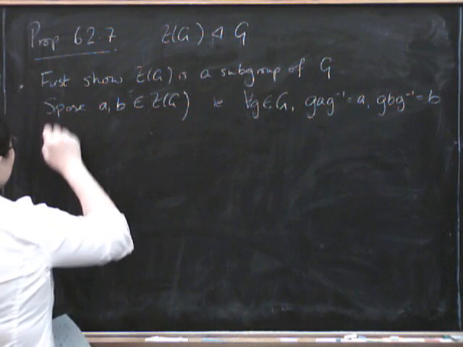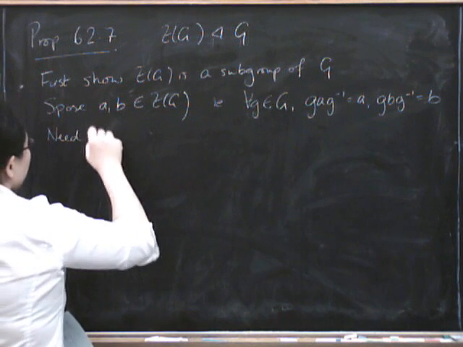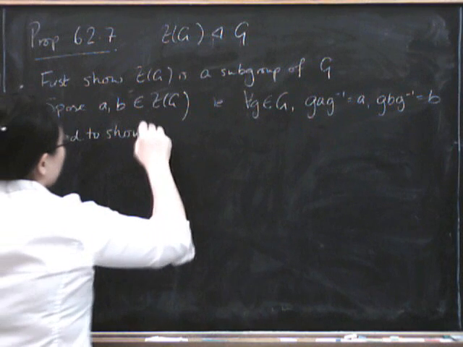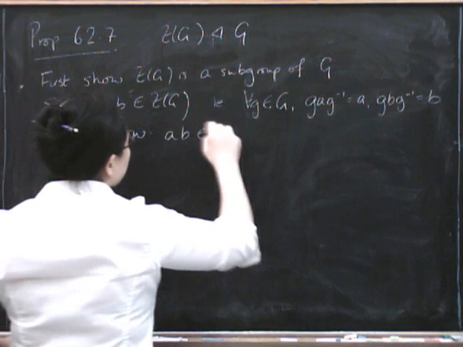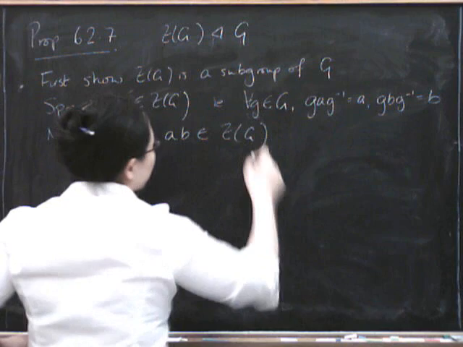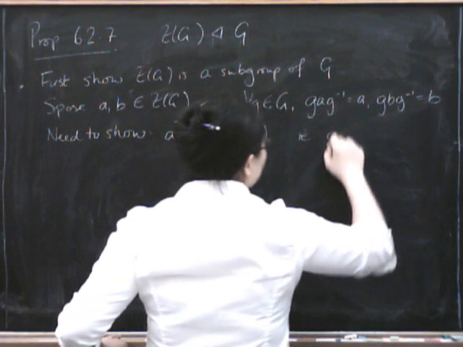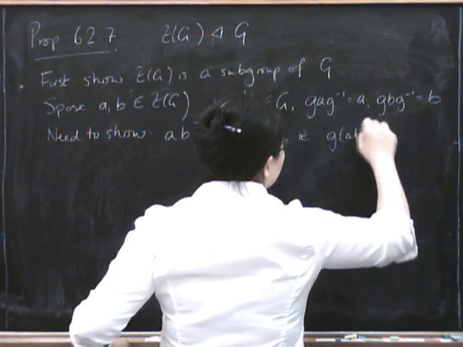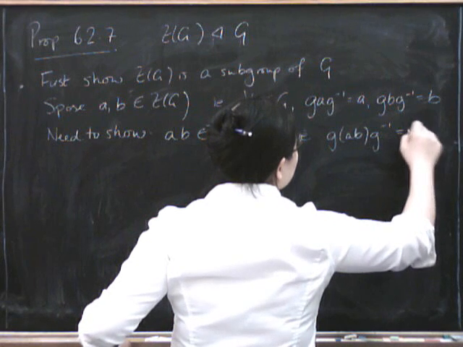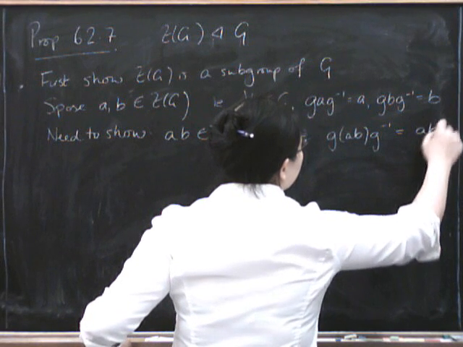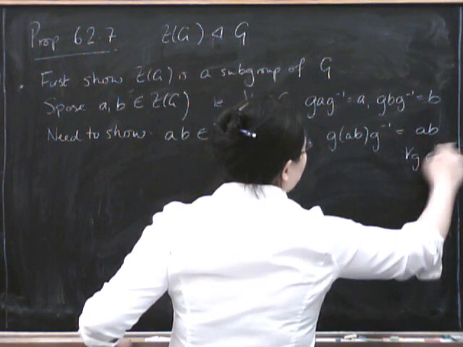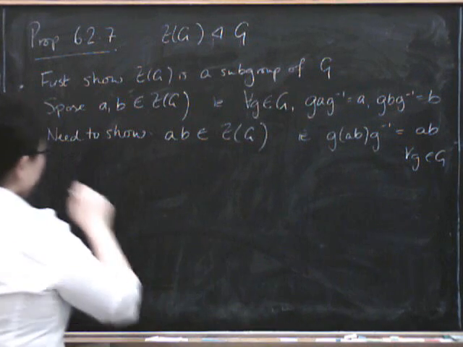Then we need to show that ab is in the center, i.e. that g(ab)g^-1 equals ab for all g in G. But look, now we can do a little trick.